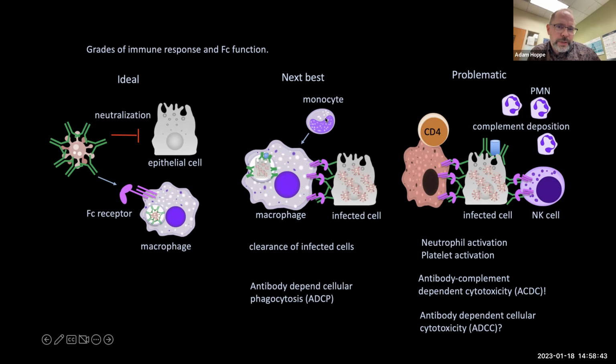But this may require some reinforcement from a few additional effectors, such as additional monocytes or K cells. And that's in contrast to when Fc function is going to be more problematic, when you have large quantities of infected cells, more than can be handled by this middle scenario.